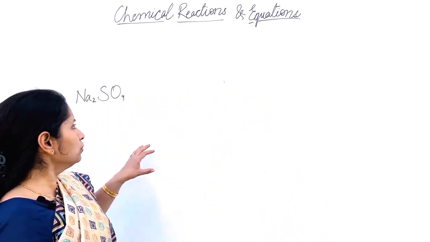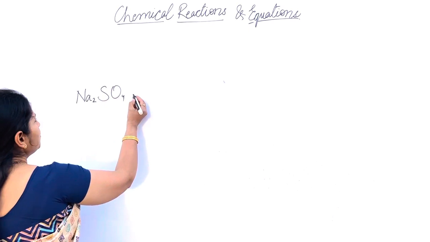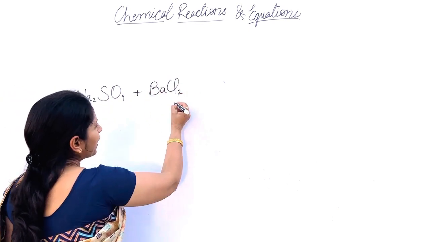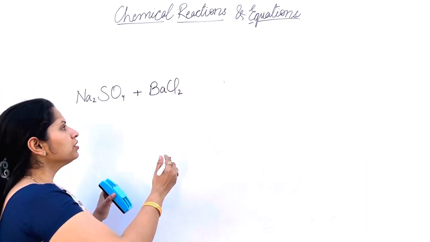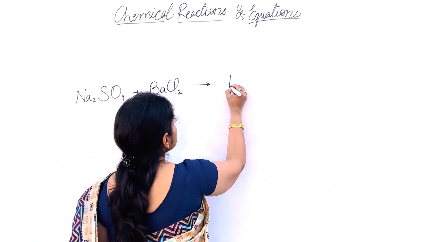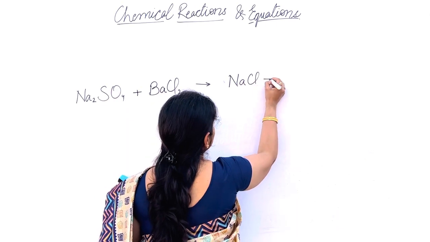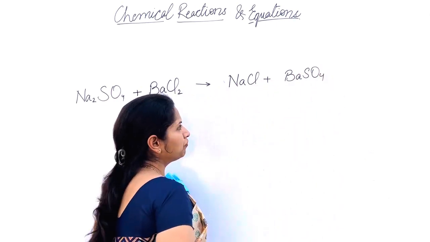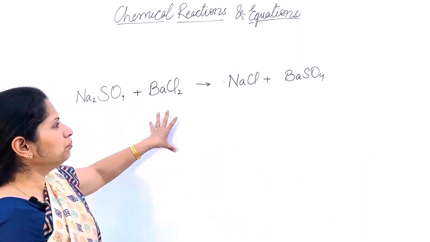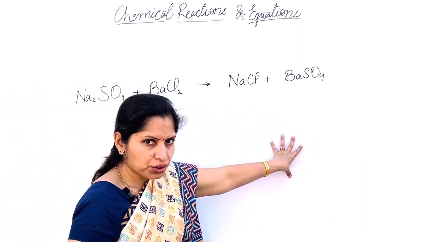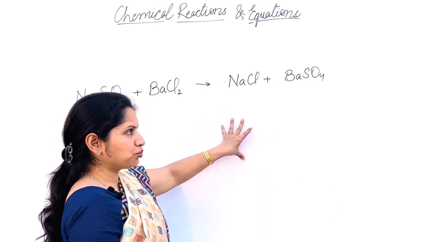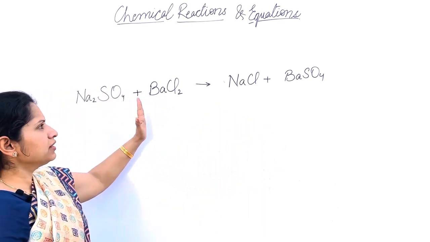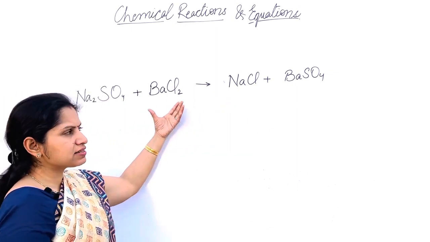Okay, so sodium sulfate when reacts with barium chloride. Now barium chloride is BaCl2. It forms sodium chloride and barium sulfate. Now you have to balance this equation. Whenever you are asked to balance an equation, you can start with any of the elements that you want.